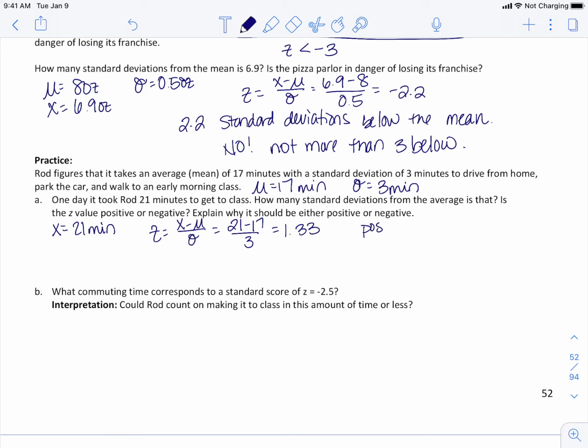And this is positive because our value is greater than the mean. So we would say this is 1.33 standard deviations above the mean.